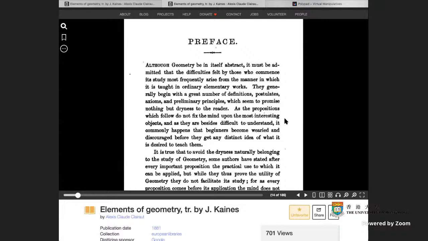Even nowadays, I can see that this is not readily accepted or really appreciated by a lot of teachers, right? So these are very amazing ideas at that time.